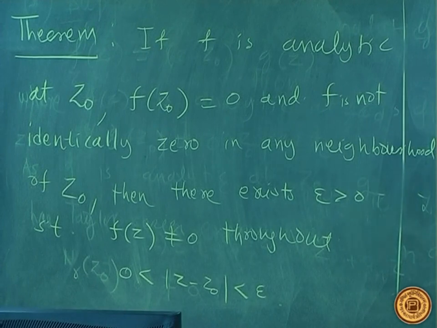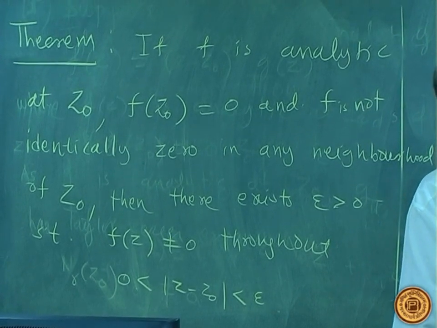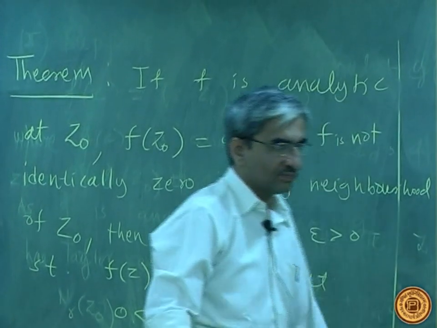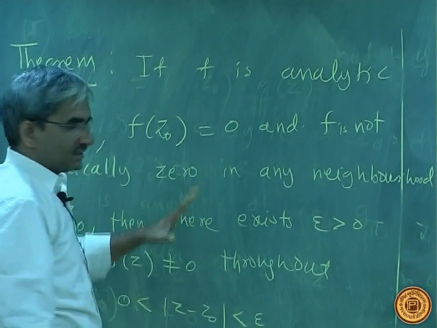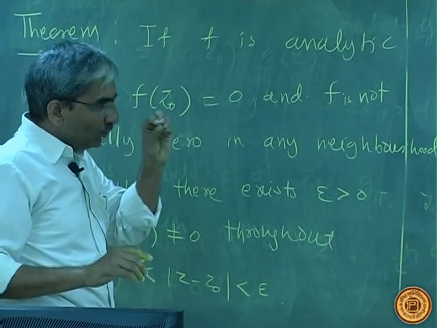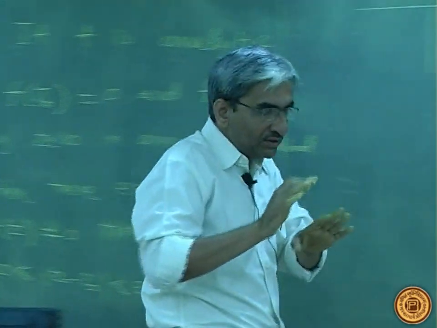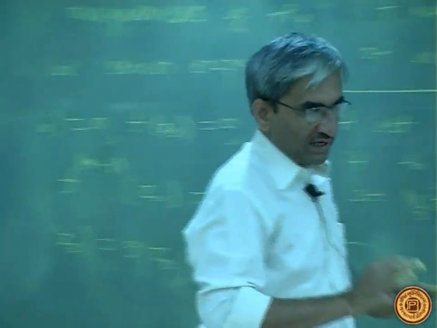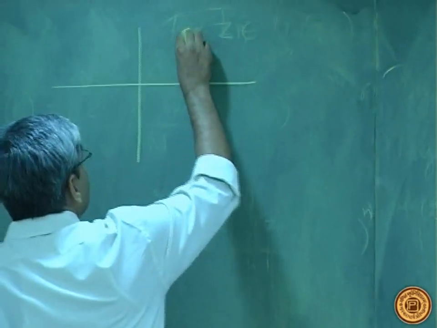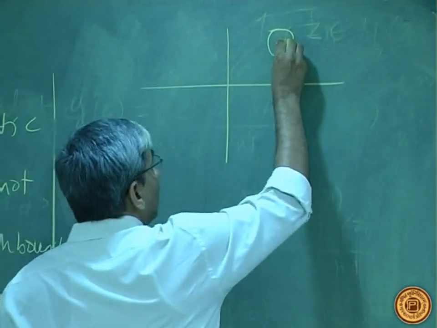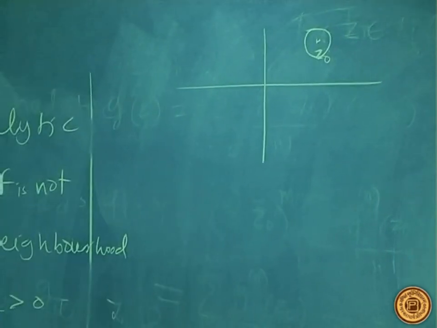You have this z naught, and f(z naught) is 0. And it is given that in no neighborhood of z naught, however small you take, is f becoming 0 throughout the neighborhood. Then one can always find an epsilon neighborhood such that except for this point, f(z) is not equal to 0.